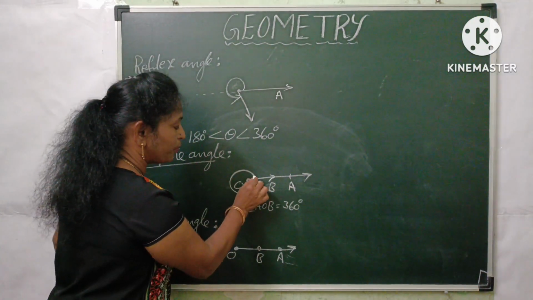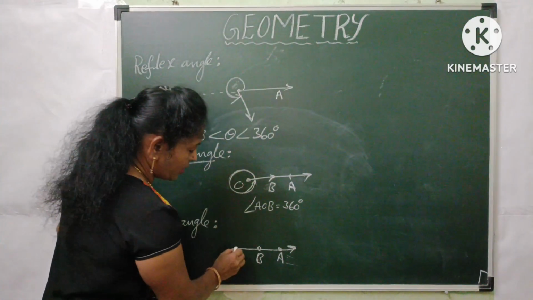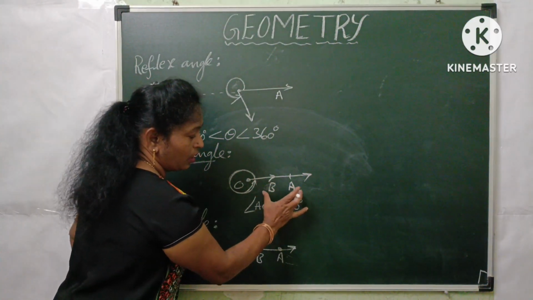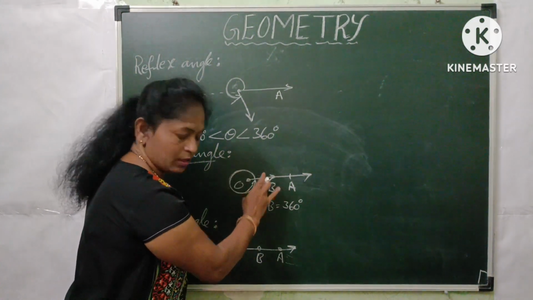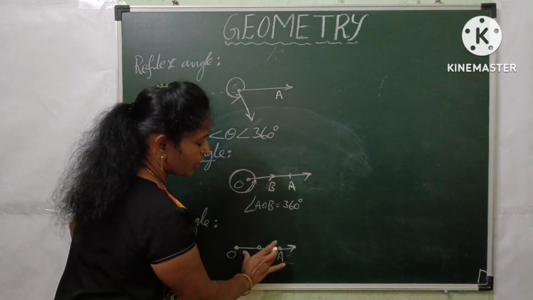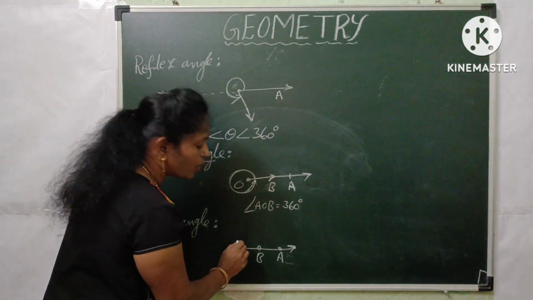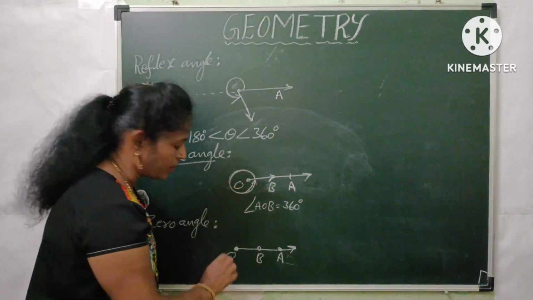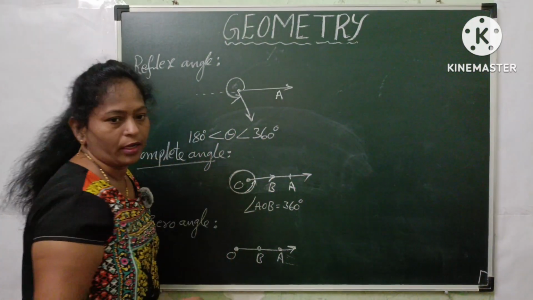We show the complete angle with a circular shape at the point. And here, in the zero angle figure, the terminal ray and initial ray are on the same line, coinciding, then it is 0 degrees only. It doesn't form any angle. So when the two rays are coinciding, then it is a zero angle.